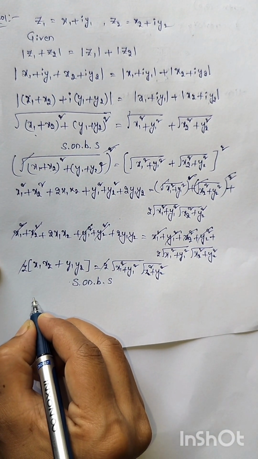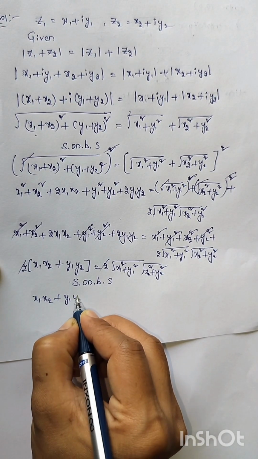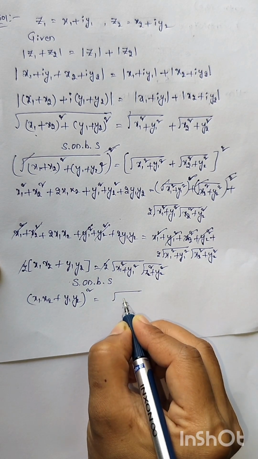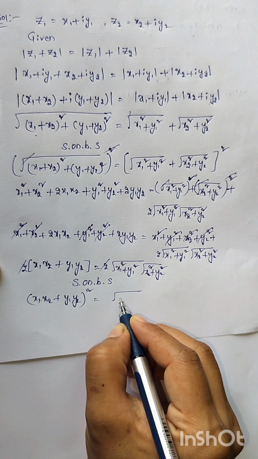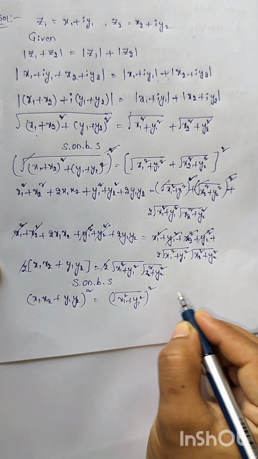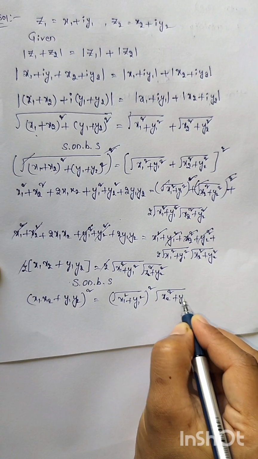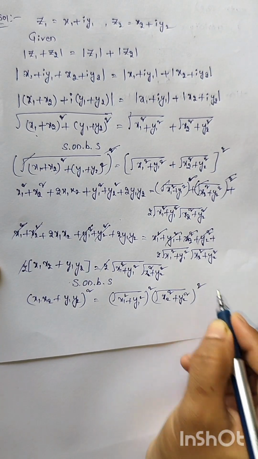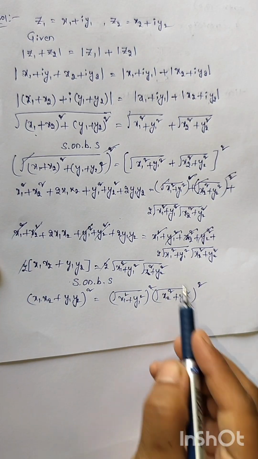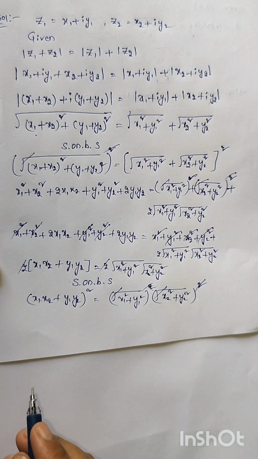Here x1 x2 plus y1 y2 whole square equals x1 square plus y1 square whole square times x2 square plus y2 square whole square. I am directly applying square to both terms, so root and square cancel.